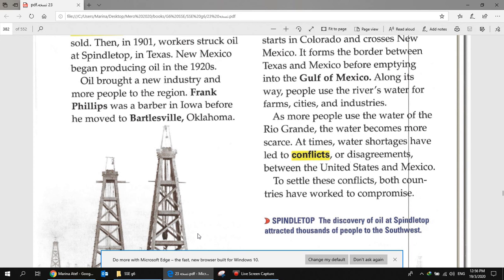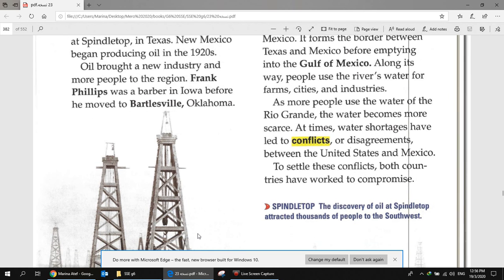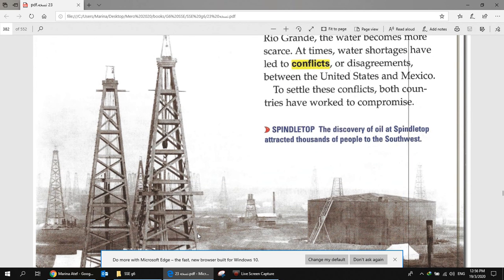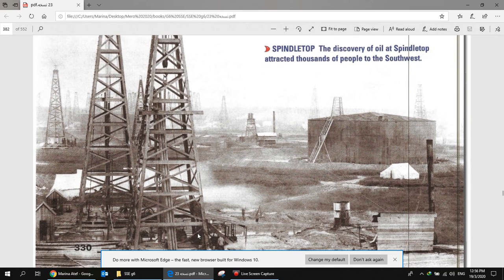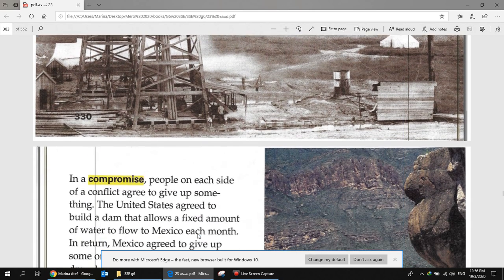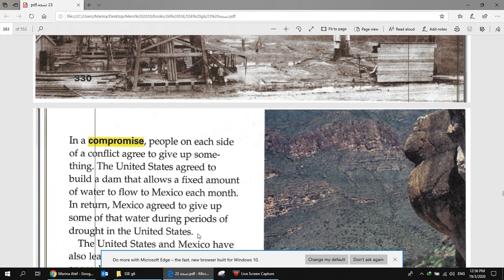But to settle these conflicts, both countries have worked to compromise. What is the meaning of compromise? Compromise is to get a solution that can solve this conflict, when people on each side of a conflict agree to give up something.